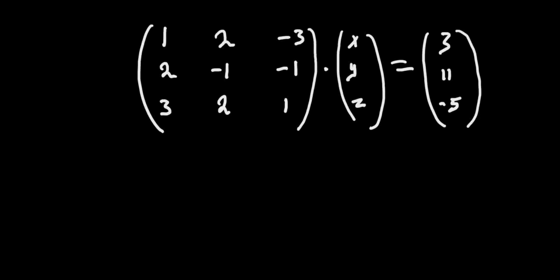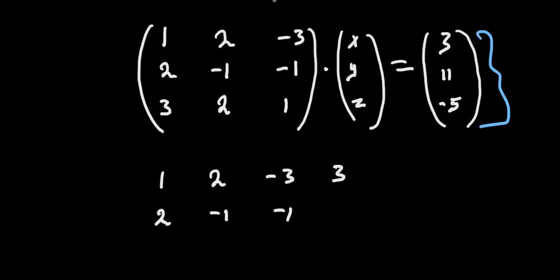So next we are going to write this in the matrix form. So this will become 1, 2, -3, and the whole of these variables we have over here. We just bring them closer. The first one is 3, and then in row 2 we have 2, -1, -1, and this will become 11. And then in row 3 we have 3, 2, 1, and -5.